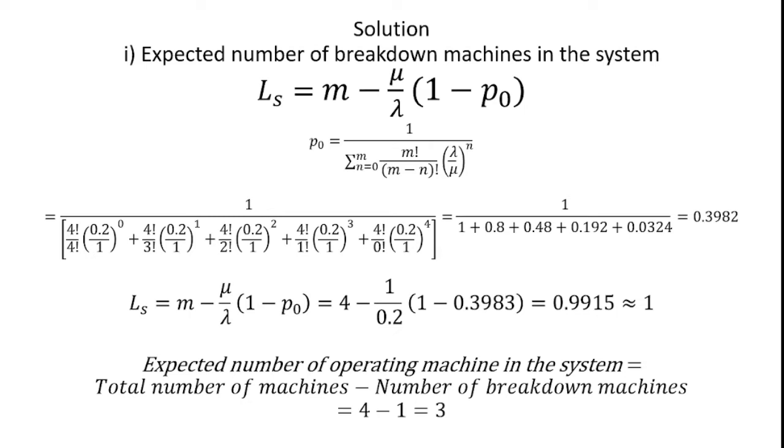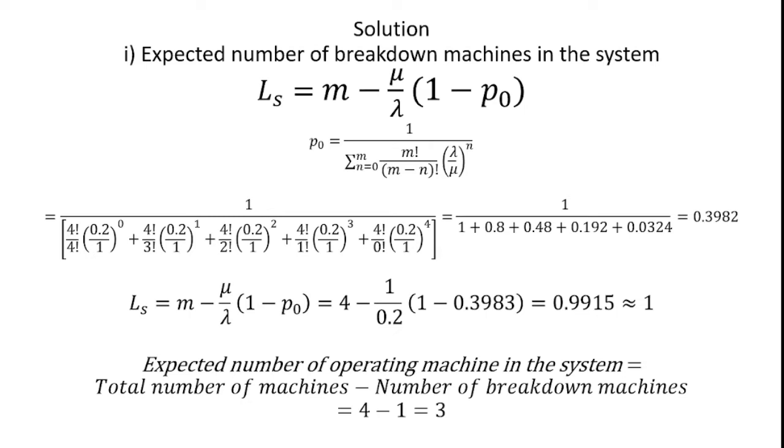How can I identify P0? What is P0? P0 is the probability that the system is empty. So P0 can be determined by 1 divided by the summation of n equal to 0 to m of m factorial divided by (m minus n) factorial into (lambda by mu) power n. Here n is equal to 0 to m.